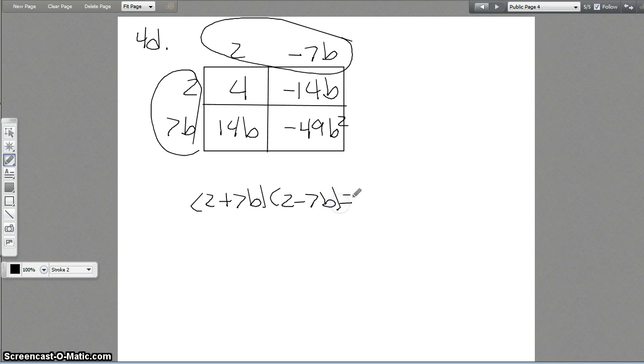The answer is 4 minus 49b squared, because the negative 14b and the positive 14b cancel out. So that is the answer for number 4, part D, and this is just like number 11. When it says what equation is illustrated by the diagram, they want you to write out not just the problem, but also what the final answer is.